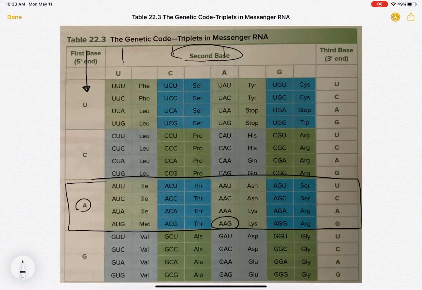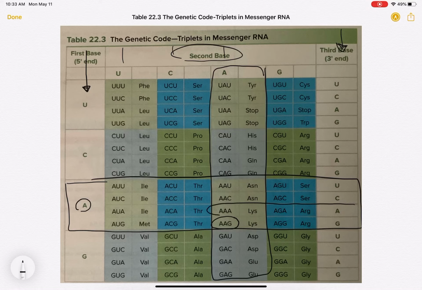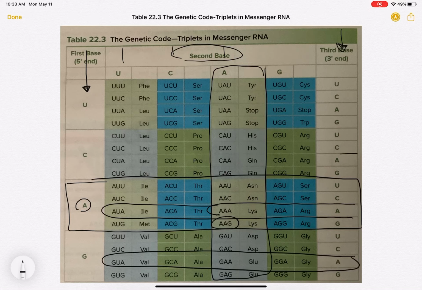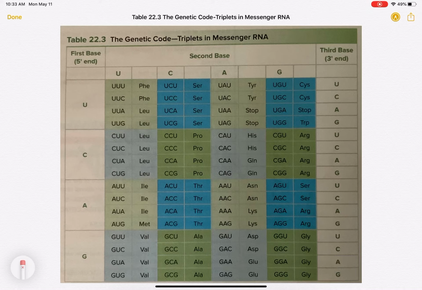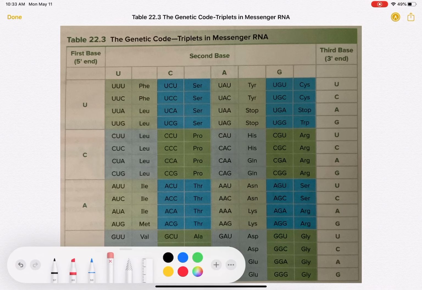And here are all the ones where A is the second nucleotide. And then you're going to go to the third nucleotide, and you're going to find the A's again. And so here's all the third nucleotides repeated. But you're just going to use this table whichever way makes the most sense to you in terms of finding the different parts. For me personally, I find it easier to just look until I find it. It doesn't take that long.